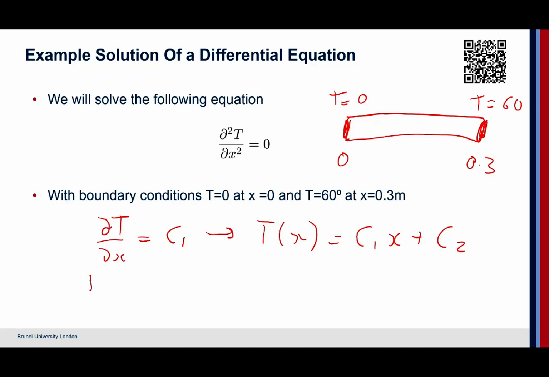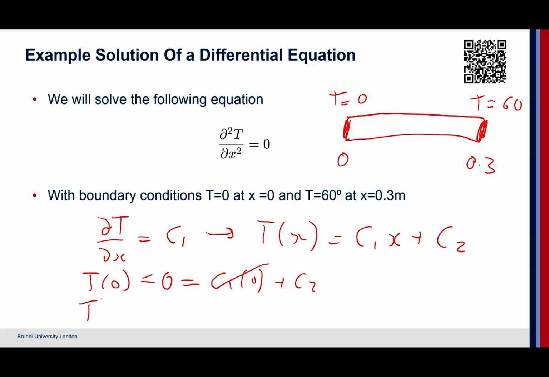We can first of all put in T at 0, which we know is equal to 0. And that's equal to c1 times 0 plus c2. So this just disappears, and now we know that c2 is equal to 0.